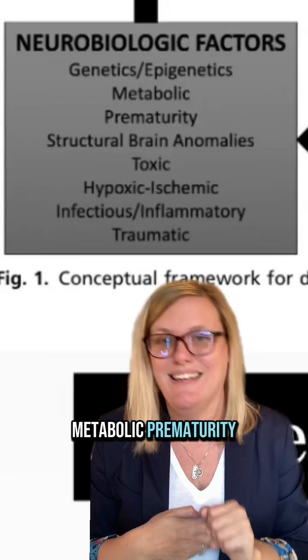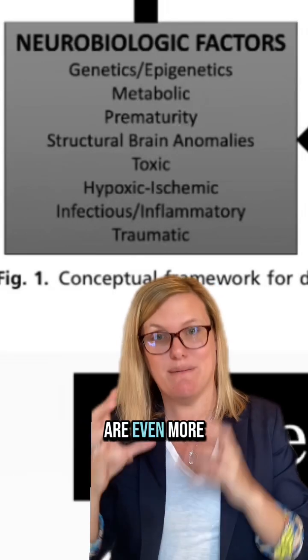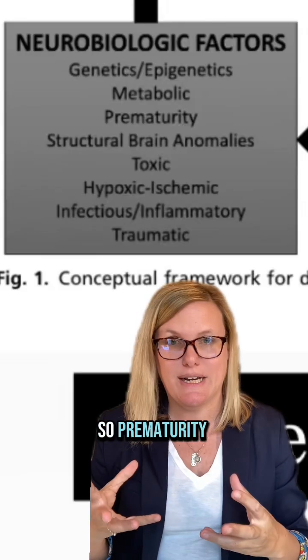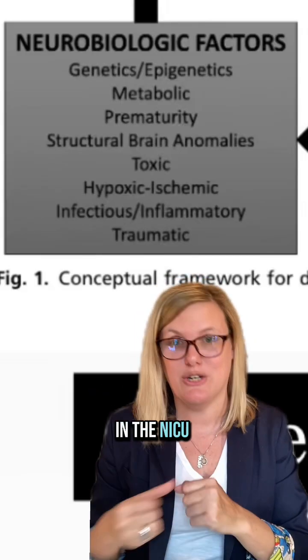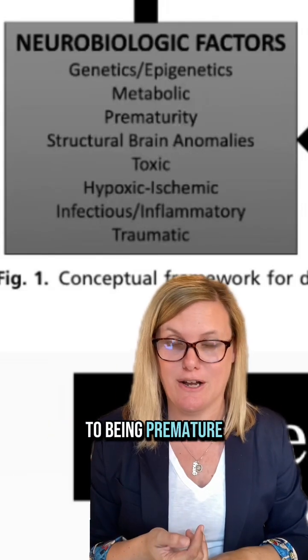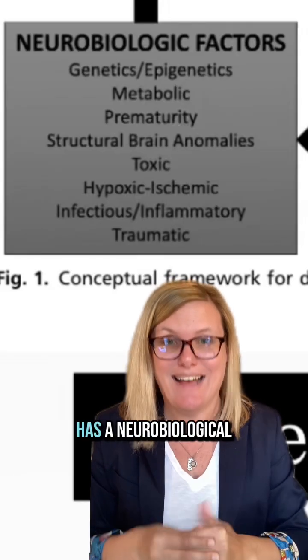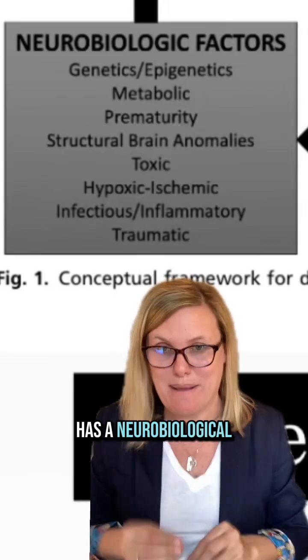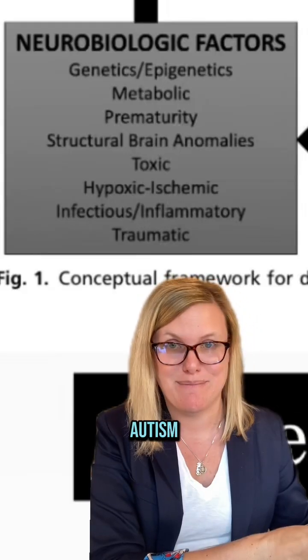Metabolic prematurity. So newborn brains are very fragile and premature brains are even more fragile. So prematurity, stress, so being in the NICU, whatever stress contributed to being premature a lot of times, toxic stress, maternal toxic stress has a neurobiological impact on babies that can cause autism.